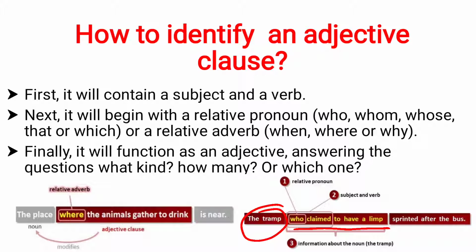Now, in this clause, do we have a subject and a verb? Yes, this is our subject and this is our verb. So, this group of words is giving us information about the noun tramp, or you can say this group of words is describing this tramp, and that is why it is an adjective clause.